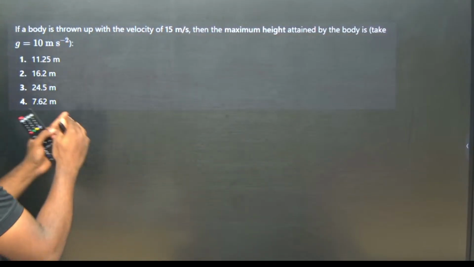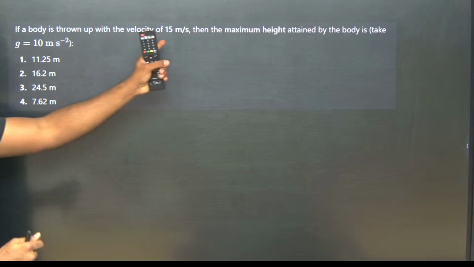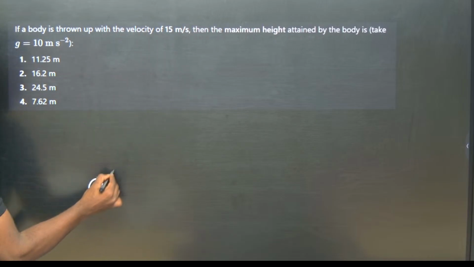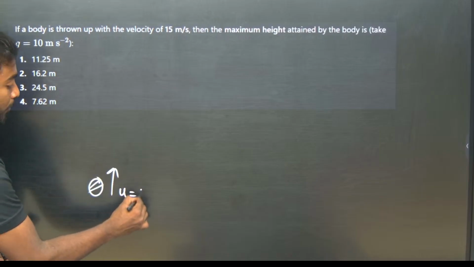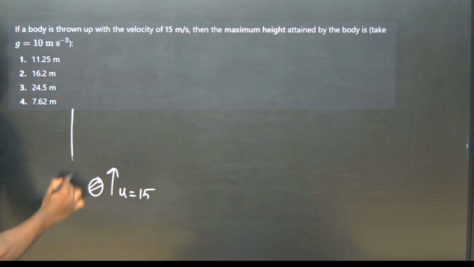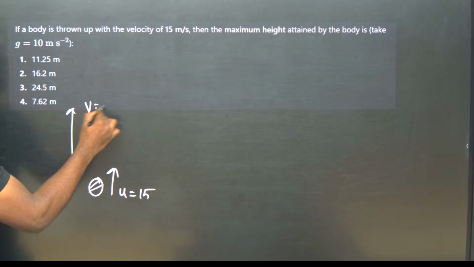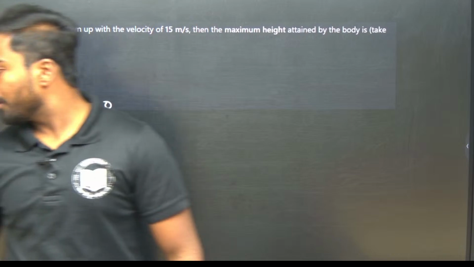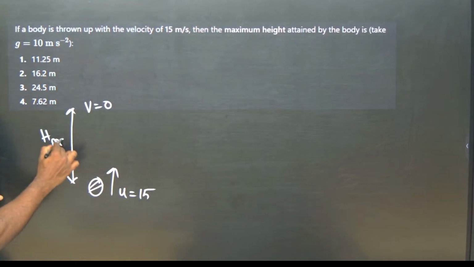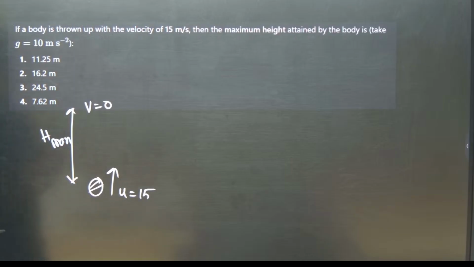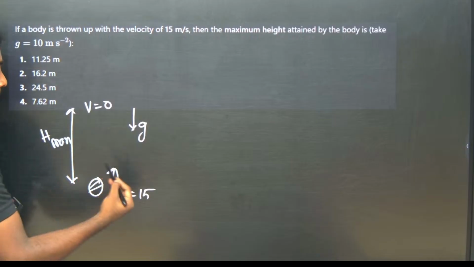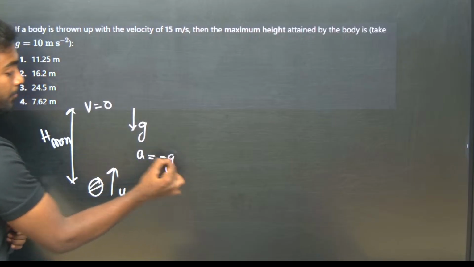We will see first whatever the given terms are. Throwing up, in the sense an object is thrown up, so u will be equal to 15. Then maximum height means V will be 0, and h max I need to find, the maximum height. What is the gravity? Towards down is g, but acceleration will be minus g.